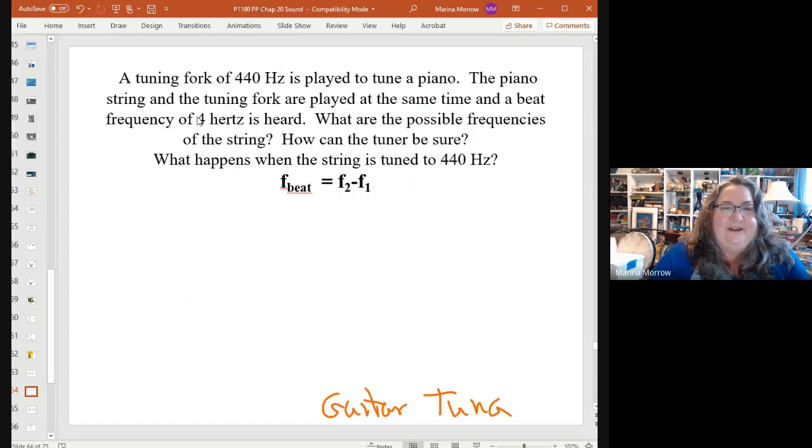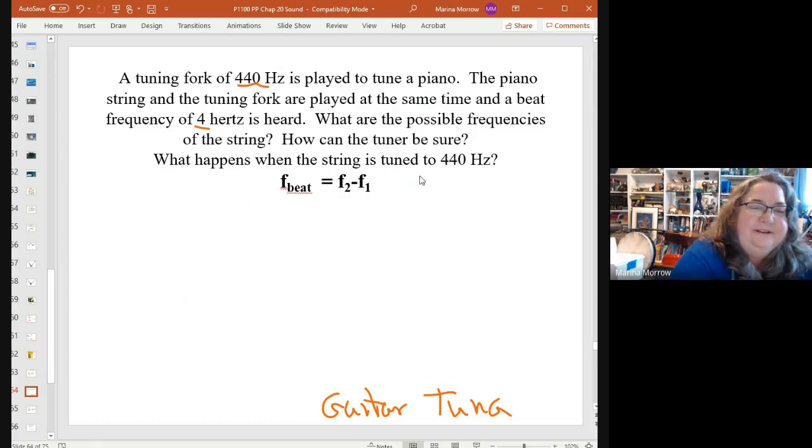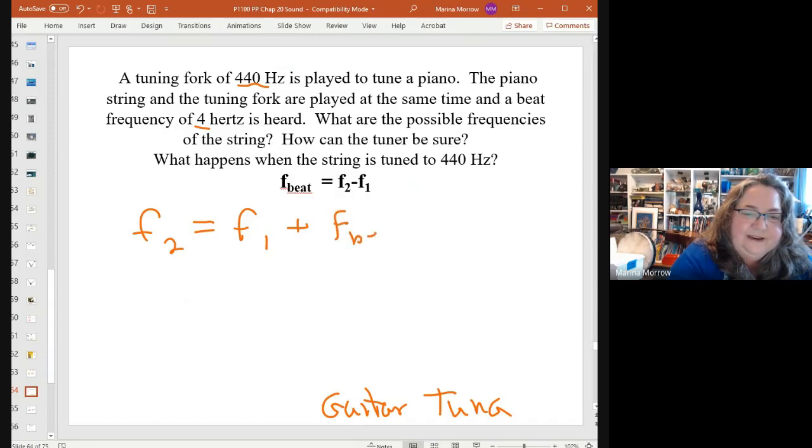So anyway, there's a beat frequency of 4 hertz that's heard. What are the possible frequencies of the string? Well, the tuning fork is 440, right? So in other words, you can turn this equation around. You're looking for one of the frequencies. And so that's going to be your beat frequency plus the other frequency. But the thing is, you don't know which one is which, possibly.